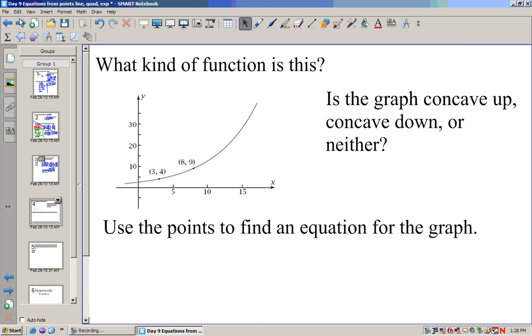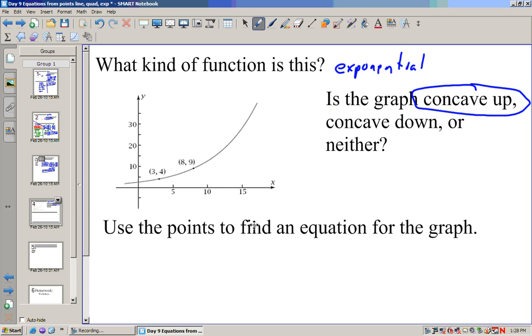Alright, now what type of equation is this? This is exponential. Is this concave up or concave down? So this keeps on curving up, so this would be concave up.